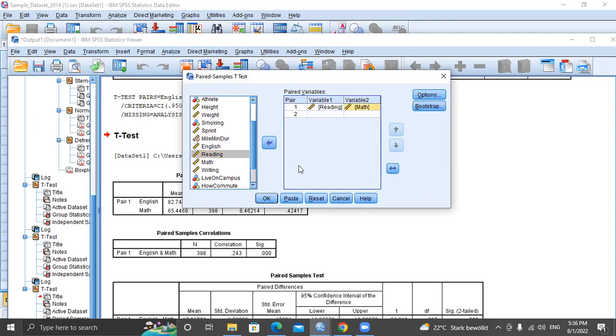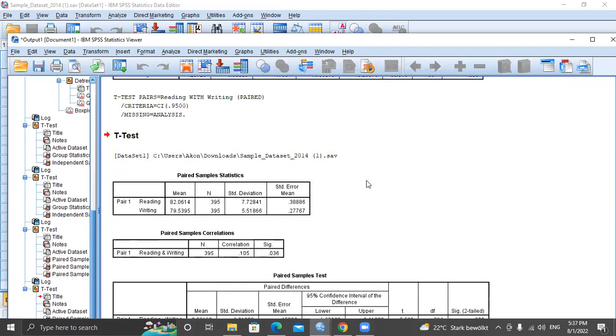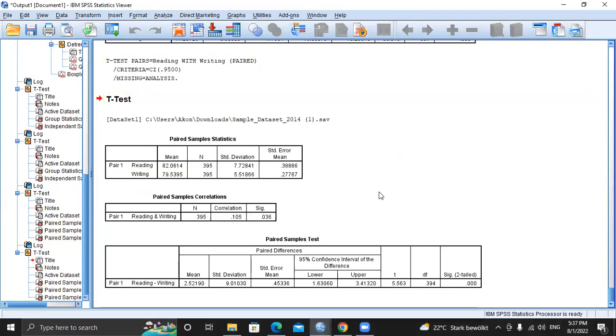Yeah, and we can compare reading and writing since they are similar. At least there should be similarities. So remove maths and bring writing. So take OK. So what do we see? So many students tend to do well in writing, an average of 82 with a standard deviation of 7.